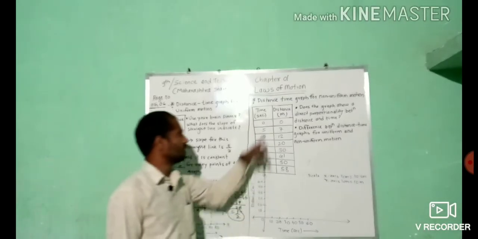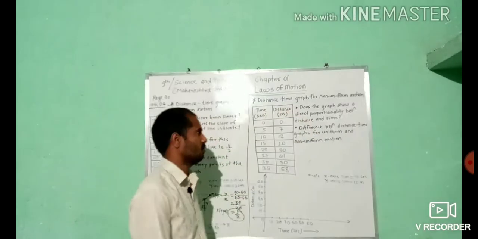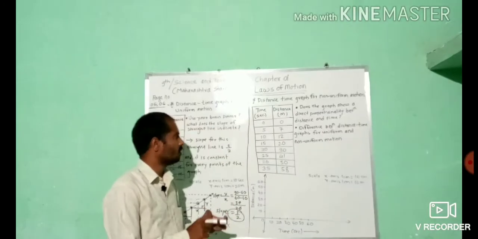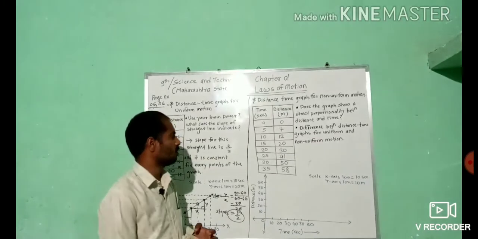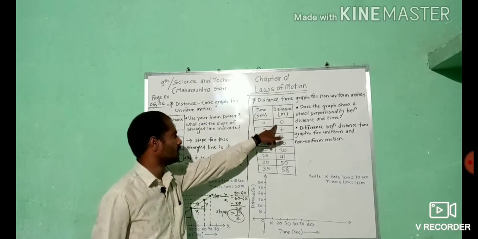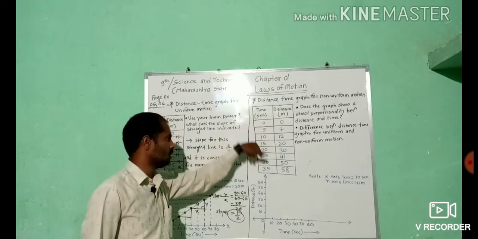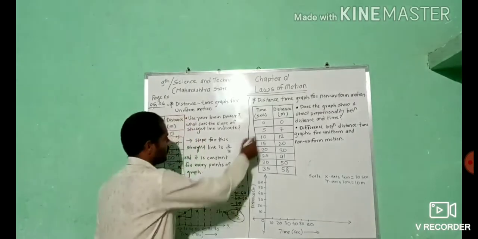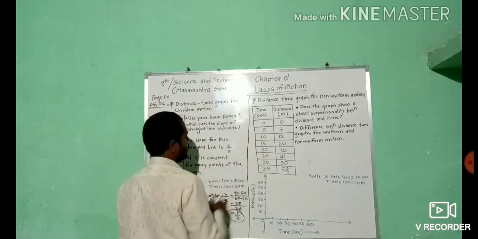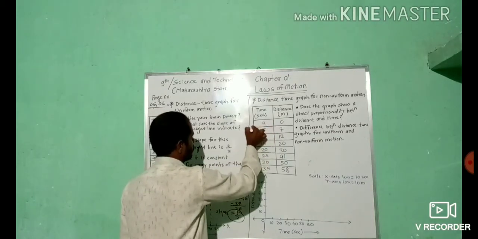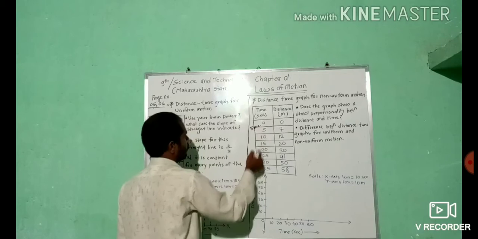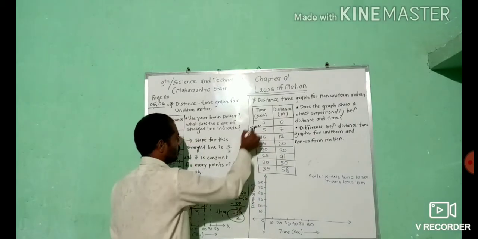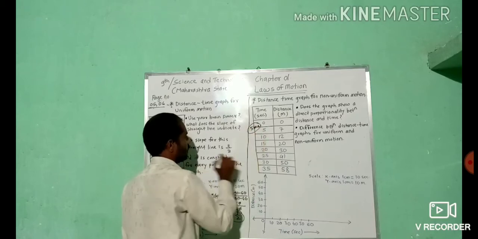Now next is the distance time graph for the non-uniform motion. Here is another example: there is a bus traveling to some place, and that bus has covered some distance in equal intervals of time. What is the interval of time here? 0 to 5, which means 5 seconds, 10 to 5, 5 seconds, 15 to 10, again 5. So the equal interval of time is 5 seconds.